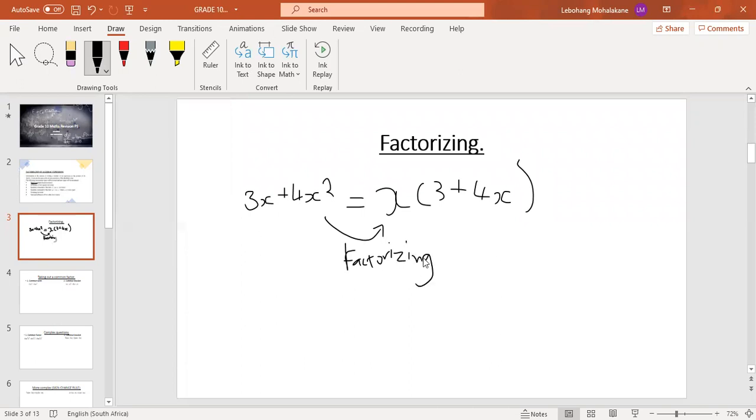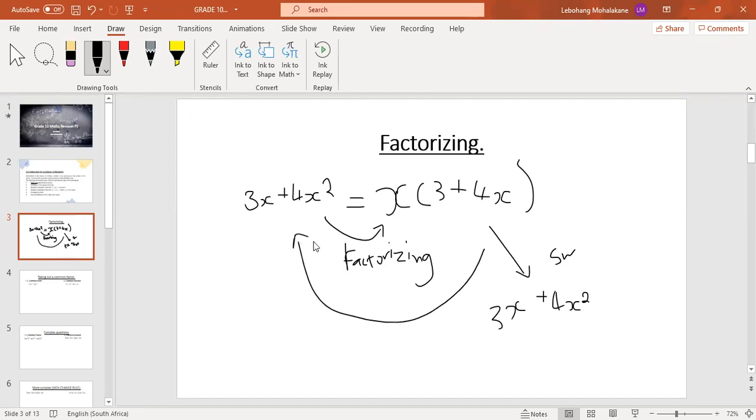And then if I multiply this out, I'm simplifying, so it's taking me back here, right?